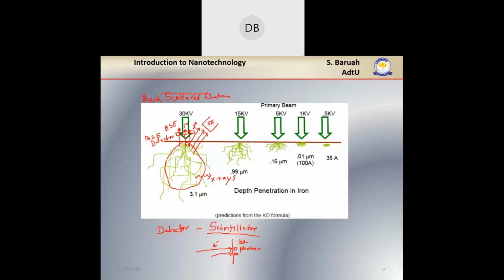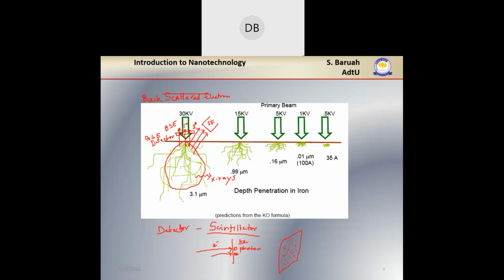So based on the intensity, the scintillator will automatically generate a photon of a comparable amount of energy. Finally it is something like this: this is the scintillator screen, and it is hit by electrons all over, coming from the sample, each with a different energy.